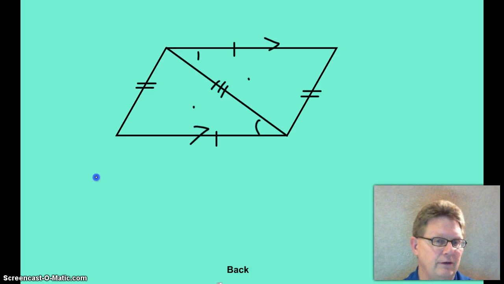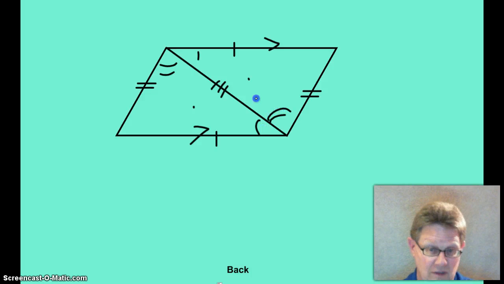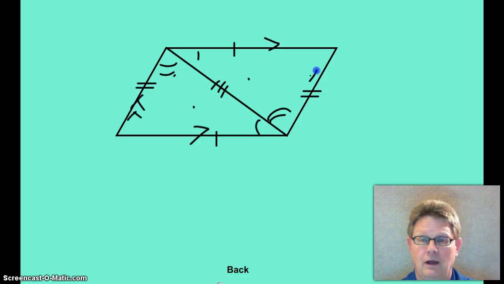I'm showing you a little mini proof. These two angles have to be congruent to each other because of CPCTC. They also happen to be alternate interior angles, with this being the transversal and these the two sides. So these two sides are also parallel, and then it's the definition of a parallelogram.